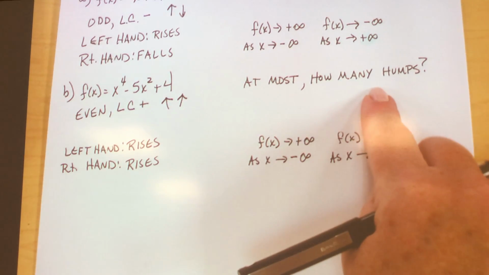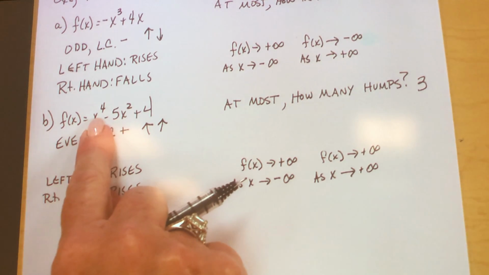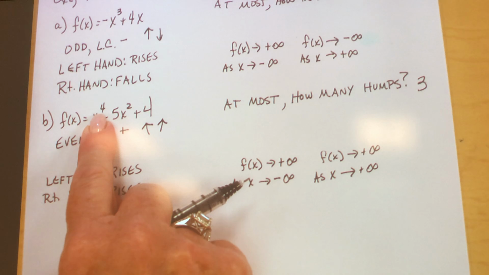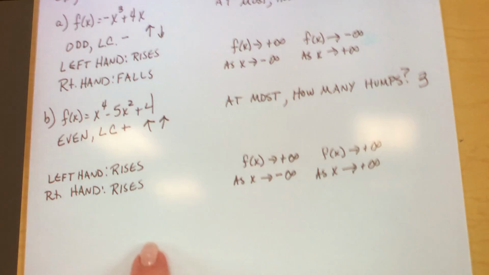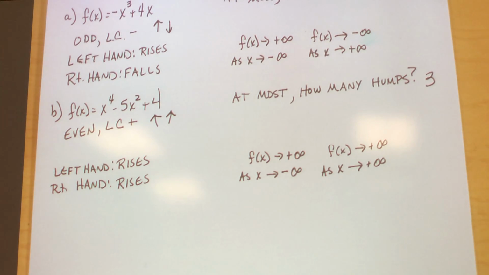At most, how many humps? Very good. How do you know? It's one less than its highest, whatever its degree is. Okay? Its highest exponent. How many times does it change directions? Could it change directions? 4.